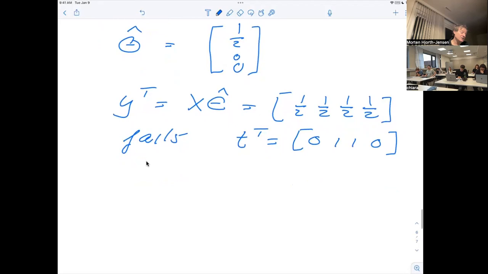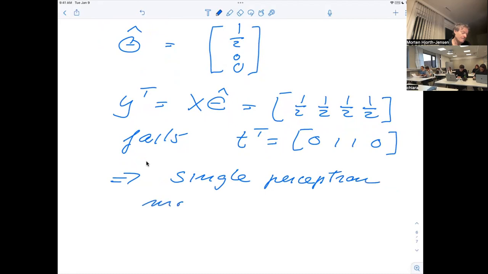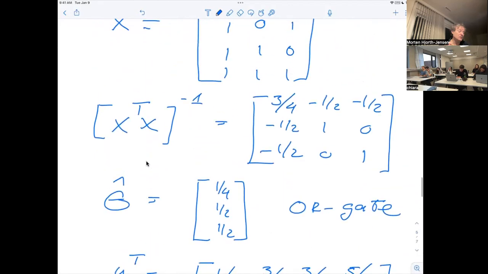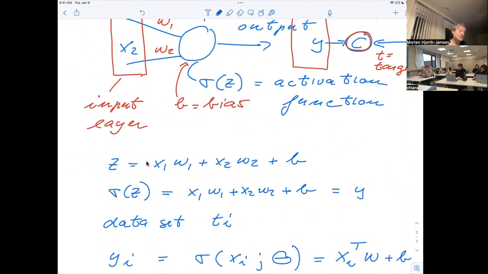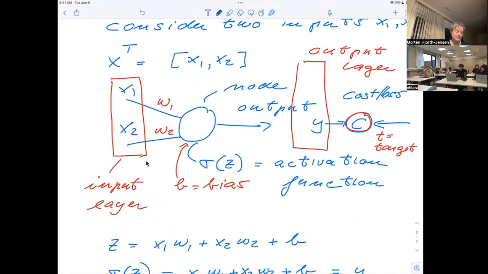So this also leads to a statement that this model, which we call the single perceptron model, or often the simple perceptron model, and if we look at this graphical representation, which we did up here, is a model without a hidden layer.